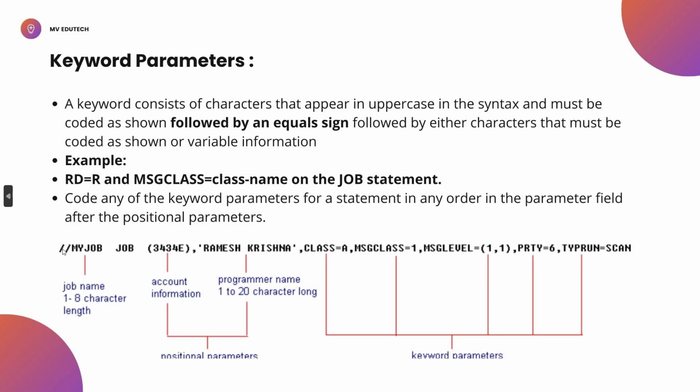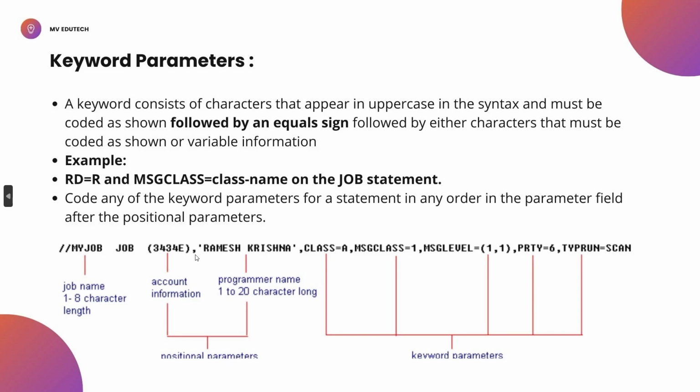These both are the identifiers, and after that my job name, 1 to 8 characters in length, and after that the operation field, which is JOB, and after that one space filler. In brackets there is the accounting information 3434E, and a comma. I separated both positional parameters with one single comma.